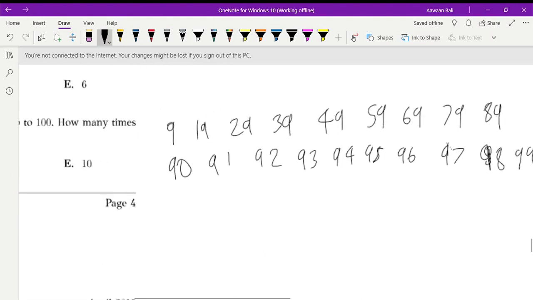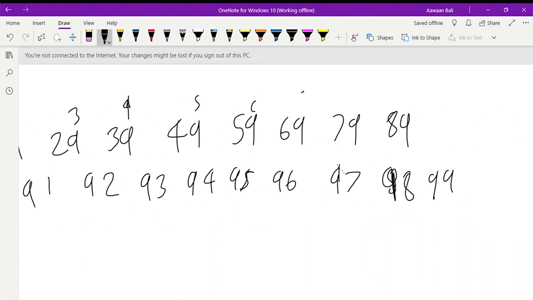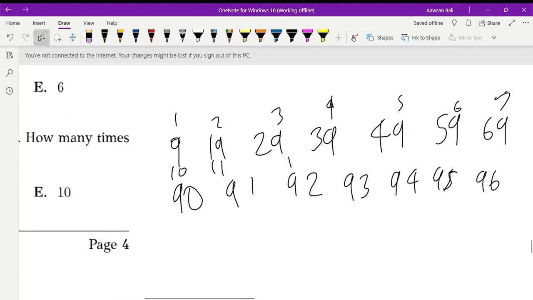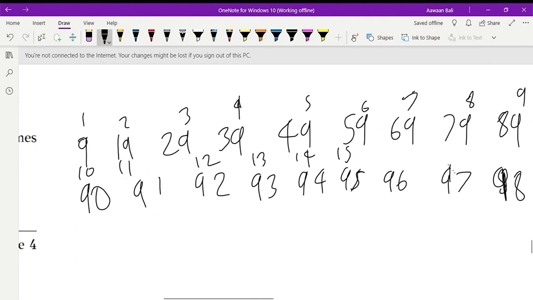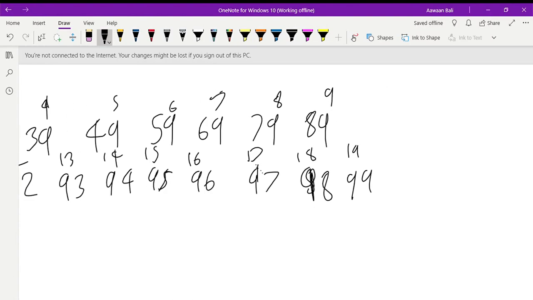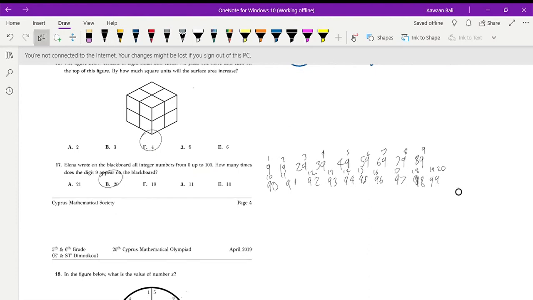Now we can count them: 1, 2, 3, up to 19, and 20, which means there would be 20, and therefore Vita is the answer.